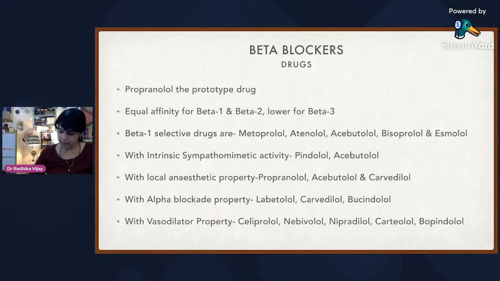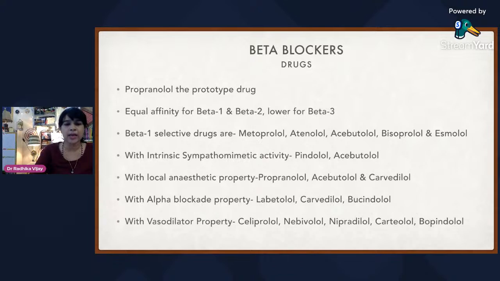Other drugs that block the alpha receptors are labetalol, carvedilol, and bucindolol. There is a good amount of vasodilatation found in beta blockers like celiprolol, nebivolol, nipradilol, carteolol, bopindolol, then betaxolol is also there, and bevantolol is also there.